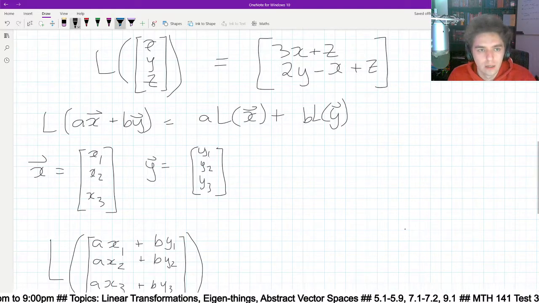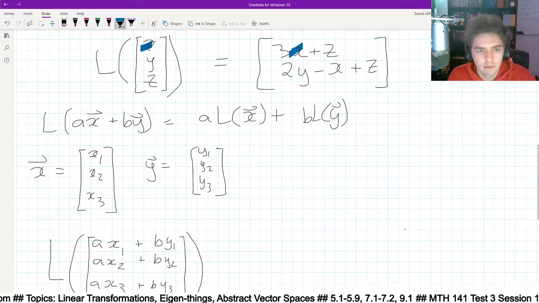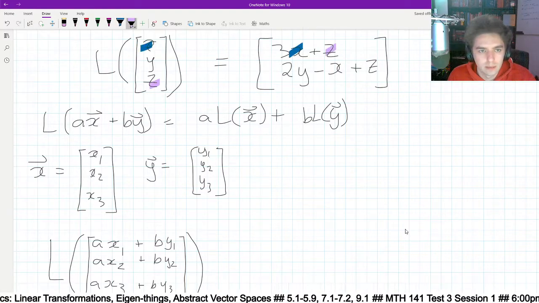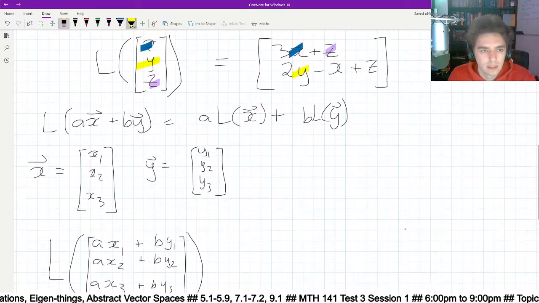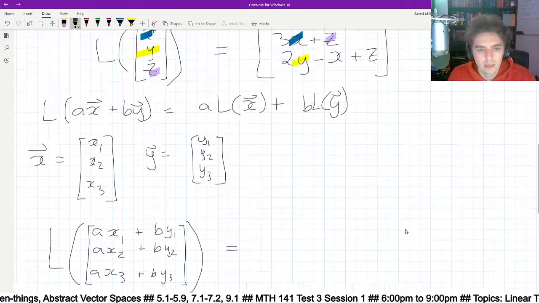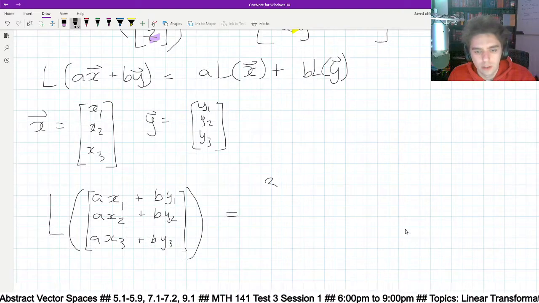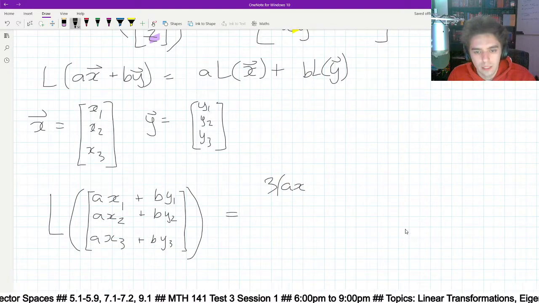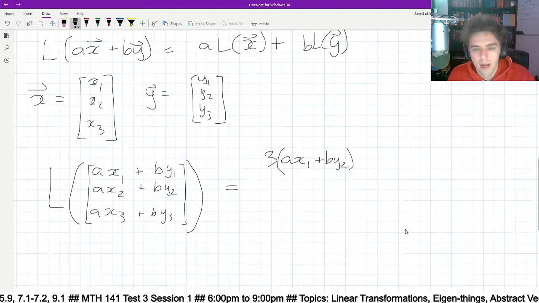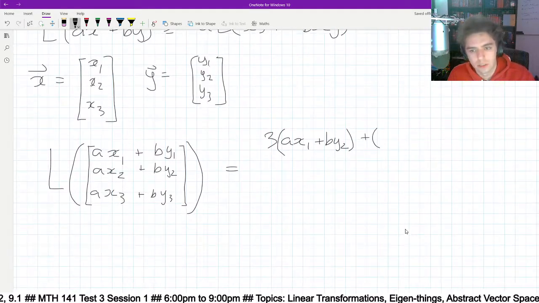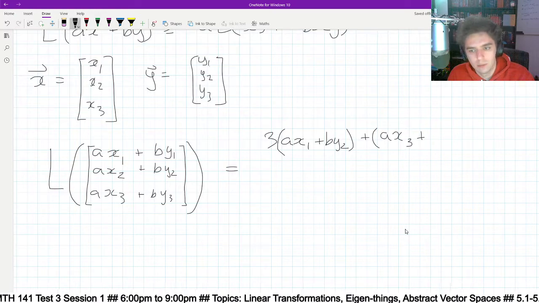The important thing here is that the x's really just mean the first position, the z's mean the last position, and the y's mean the second position. That's what really matters. So L of that is equal to, okay, 3 times the first position, 3 times (ax1 plus by1), plus the last position, which is ax3 plus by3.